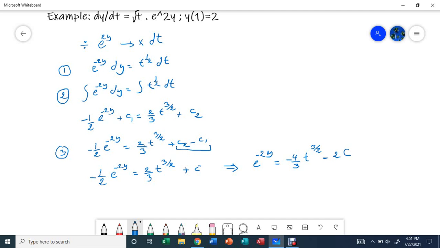That's capital C. Now I'm gonna solve for 2y by applying natural log to both sides. So negative 2y equals natural log, absolute value, of negative 4/3 t to 3/2 minus 2C.